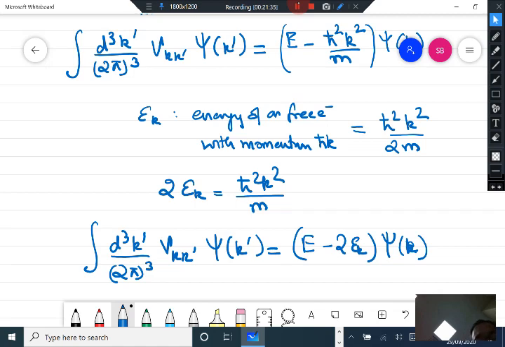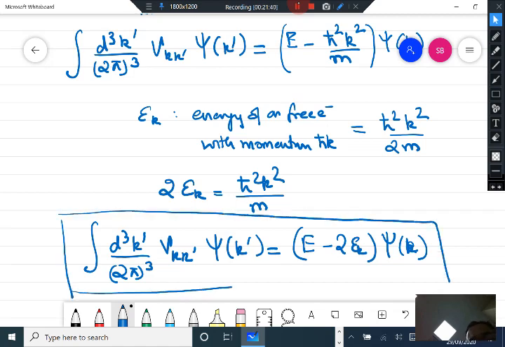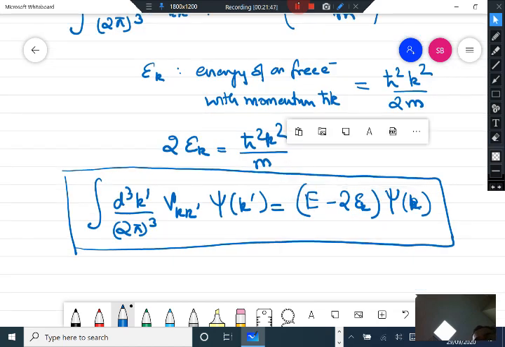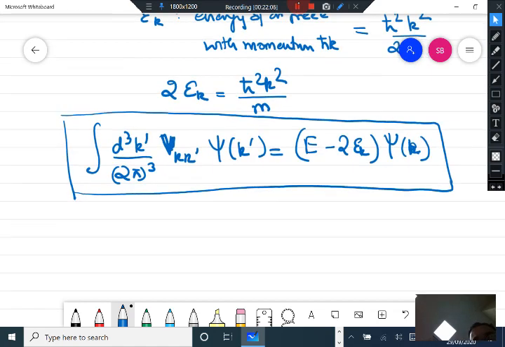Okay, so this equation is going to be the point from where we will make some important assumptions regarding the potential which is scattering k prime. The potential which is involved in scattering these electrons with momentas k prime, we will make some important assumptions, which is the BCS form of the potential.